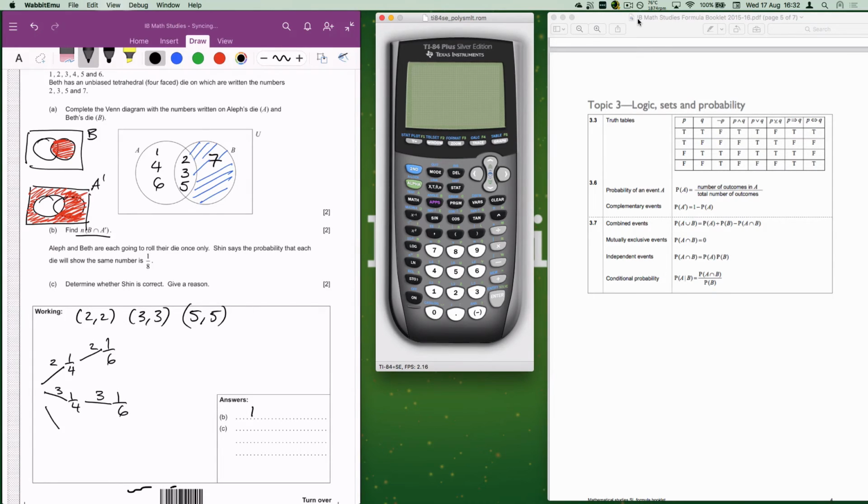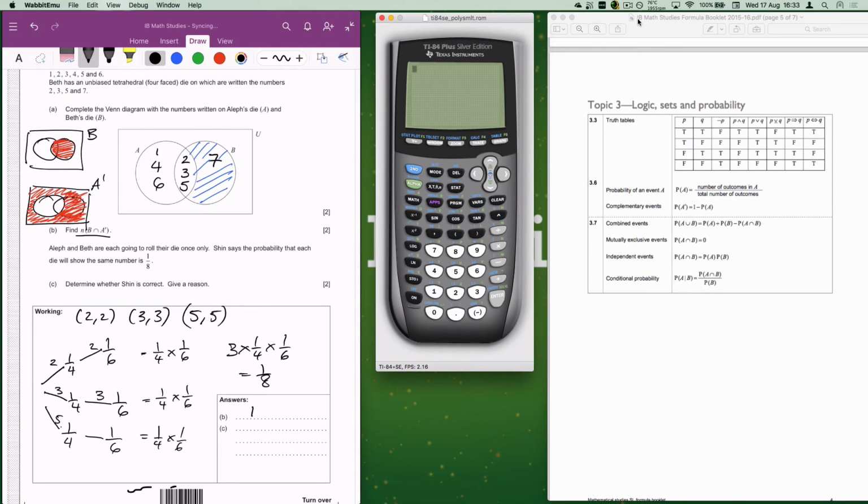And we could roll a 5, and that would also be 1 out of 4, and that'd be 1 out of 6. So actually, when we look at this here, that'd be 1 over 4 times 1 over 6, which is 1/24, and 3 times 1 over 4 times 1 over 6 equals 1/8.